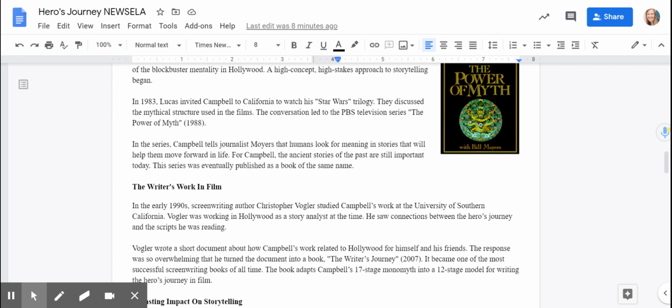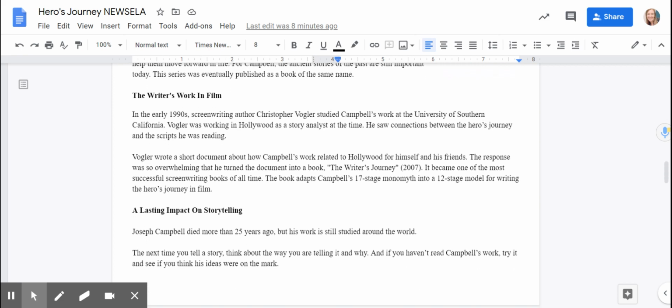The writer's work in film. In the early 1990s, screenwriting author Christopher Vogler studied Campbell's work at the University of Southern California. Vogler was working in Hollywood as a story analyst at the time. He saw connections between the hero's journey and the scripts he was reading. Vogler wrote a short document about how Campbell's work related to Hollywood for himself and his friends.